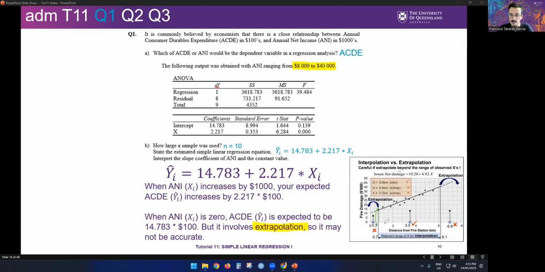So from 8,000 to 40,000. When you try to continue this dotted line until it intercepts the zero, until x is zero, we're doing an extrapolation. So we're going out of the graph. The same could be done if you go too high. So you're going out of the graph to the right.